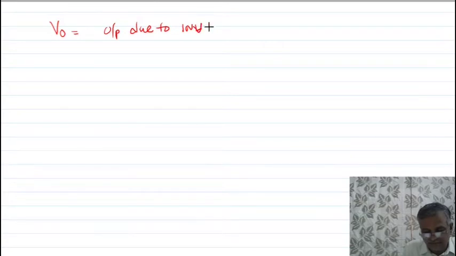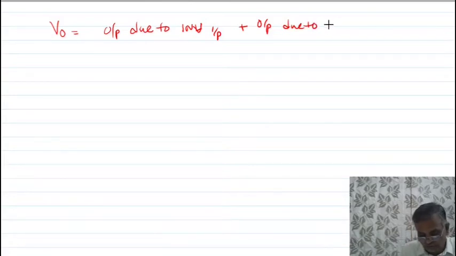To find the VO, we can write the output due to the inverting input plus the output due to the non-inverting input.